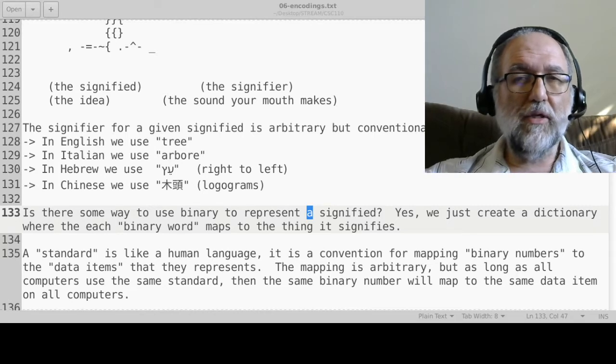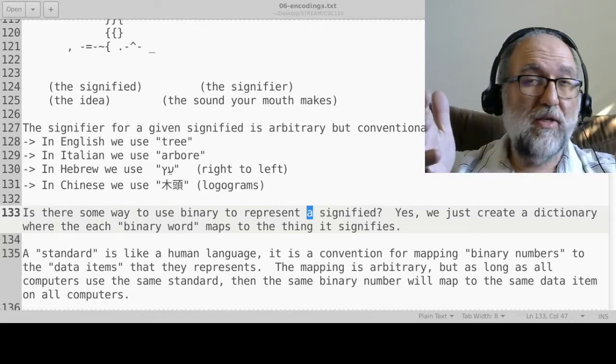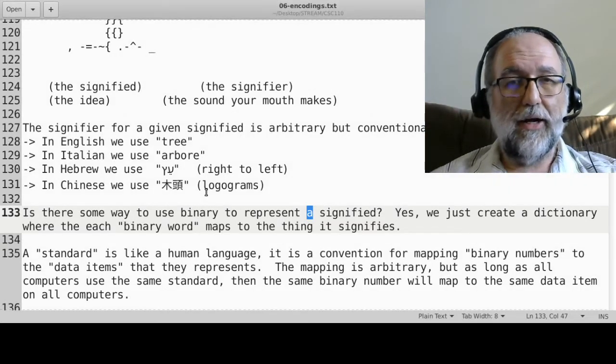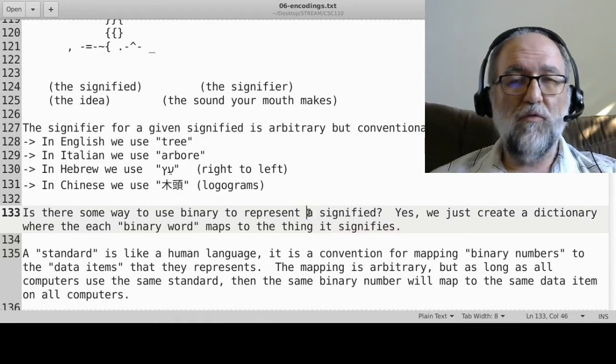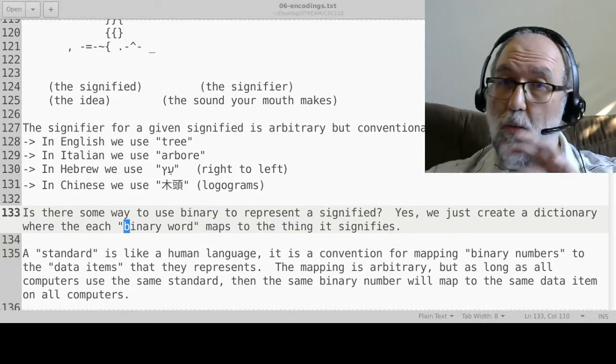So there's this kind of a dictionary where a certain sequence of ones and zeros represents the letter A, another sequence of ones and zeros represents the letter B, another sequence represents the letter C, and so on. That's how we're going to do it.